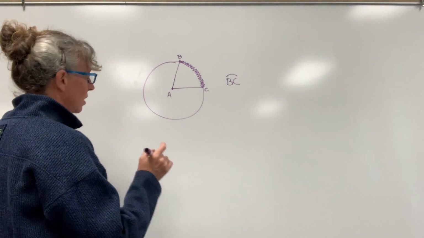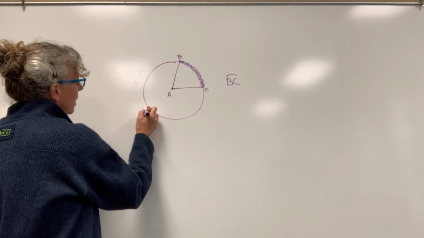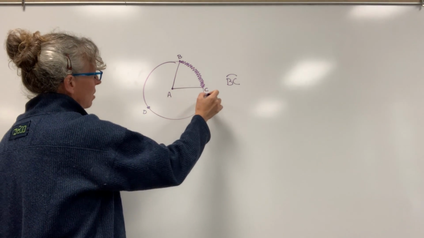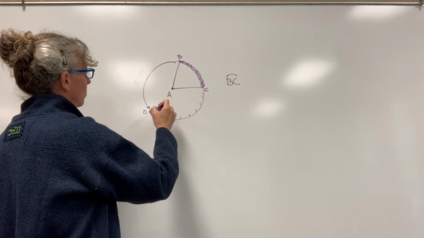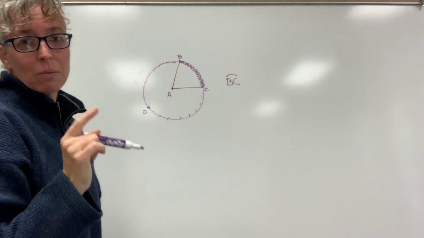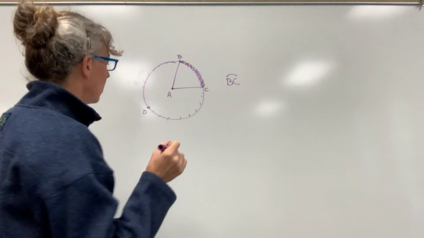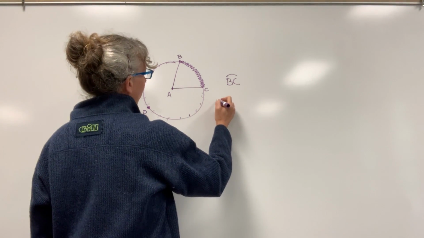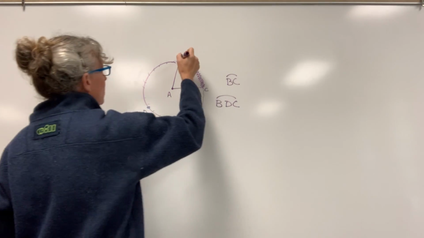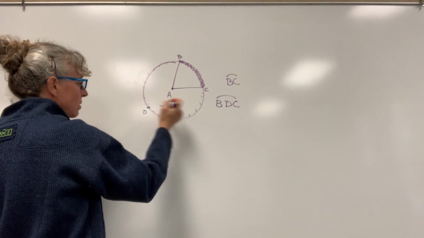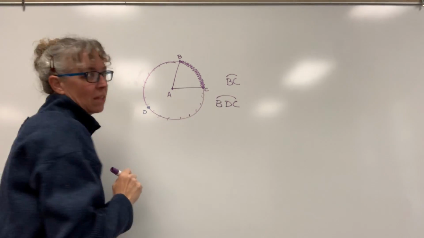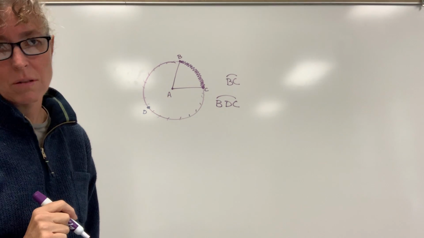The major arc in this case, if I'm still using the same picture, would be this one here that goes all the way around the other way. The way that they would write that down so you know which one they're talking about is they would say arc BDC. It starts at B, it goes through D and ends at C. That's how they would show you which direction they want you to go, okay?